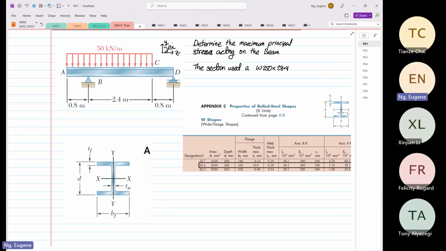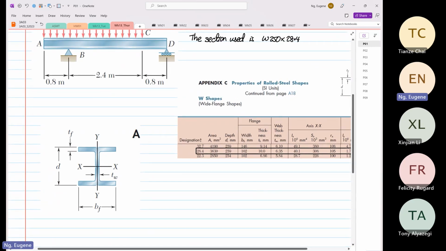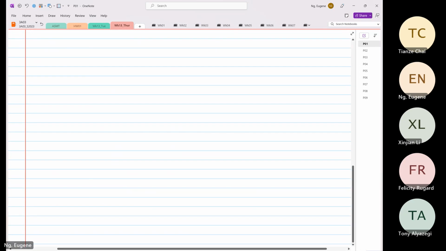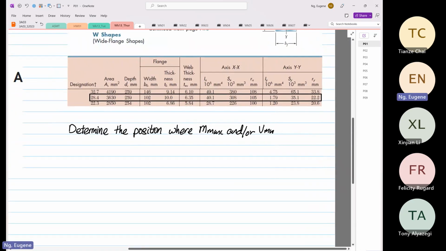Right. And before we go any further, we have to determine the position where Mx and Vmax will occur.